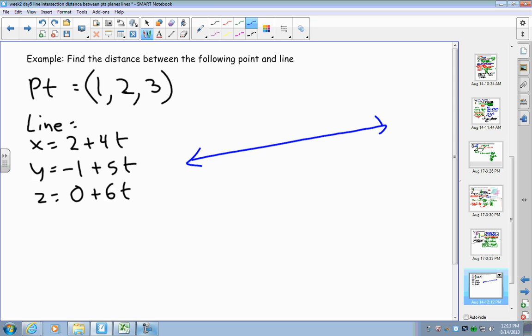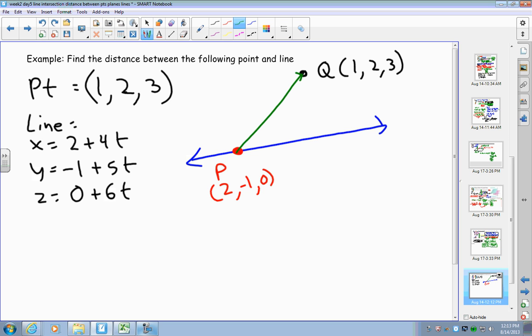I like to get the point P on that line, and it's given to you; remember, it's the front part of it. And I have a point up here, which is my Q, which helps me get my PQ, which is -1, 3, 3.